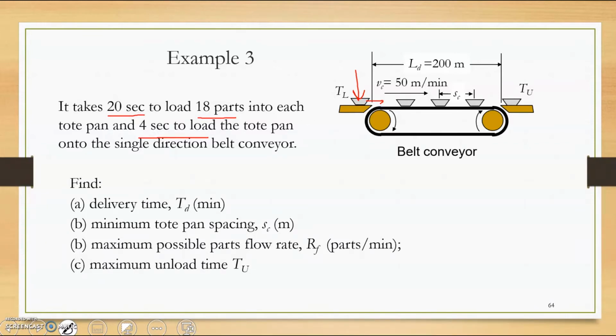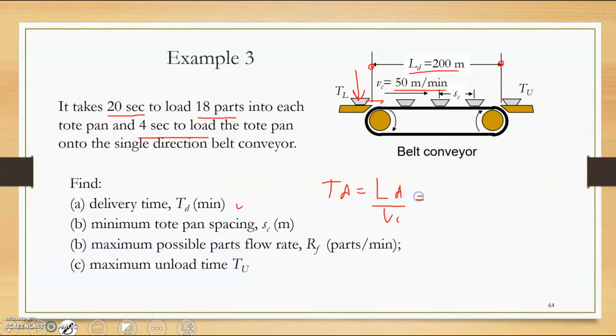So this single direction belt conveyor has a distance of 200 meters from the loading to the unloading station, and the speed is 50 meters per minute. For the first question, we have this formula to find the delivery time TD. So TD equals the distance LD over VC.